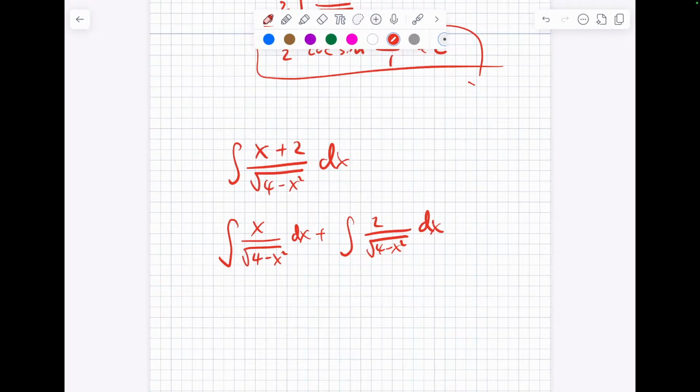So what is arcsine of 3 over 4 divided by 3 over 2, minus arcsine of 0? 3 over 4 divided by 3 over 2 is 3 over 4 times 2 over 3, which equals 1/2, a very nice number.